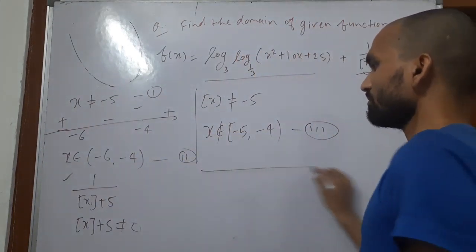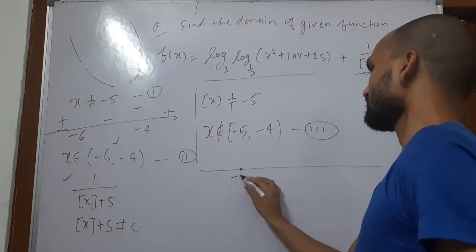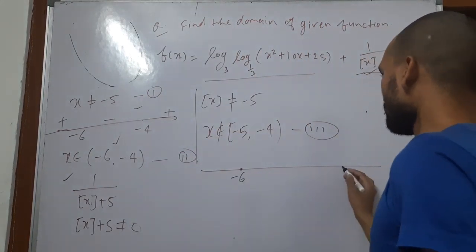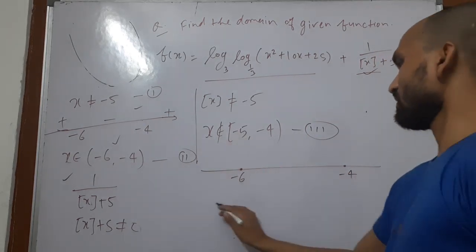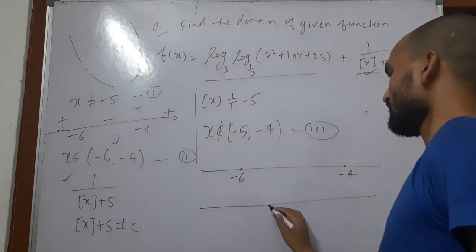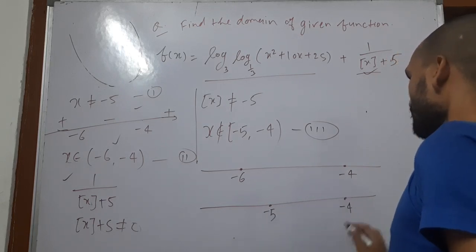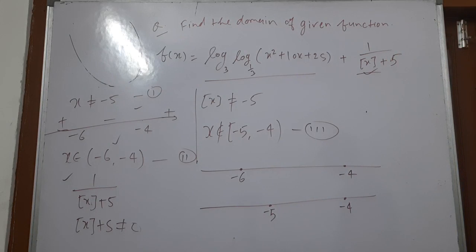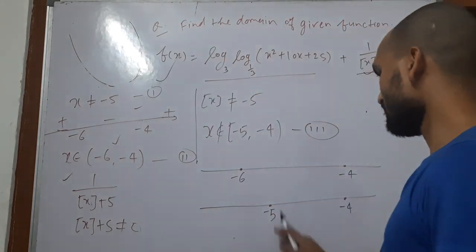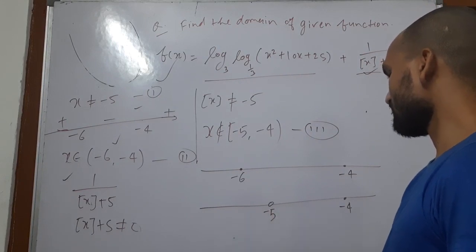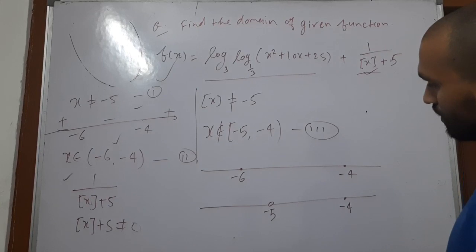If we draw this condition on the number line, minus 6 will be here and minus 4 will be here, and on drawing the other condition, minus 5 will be here and minus 4 is here. If we combine these, minus 5 is not included, so here we have taken a hollow circle.